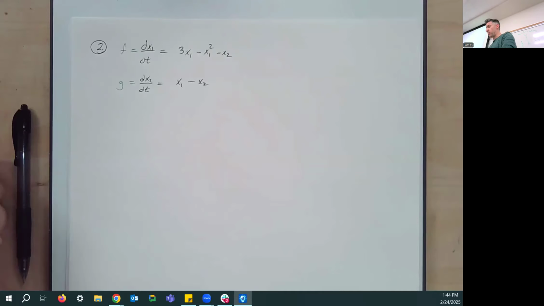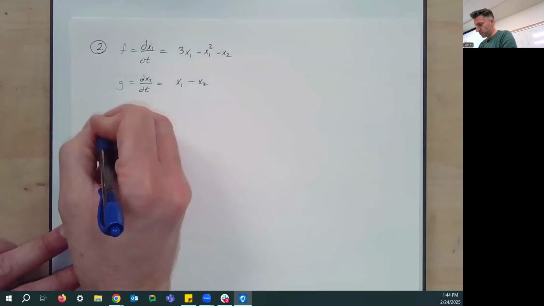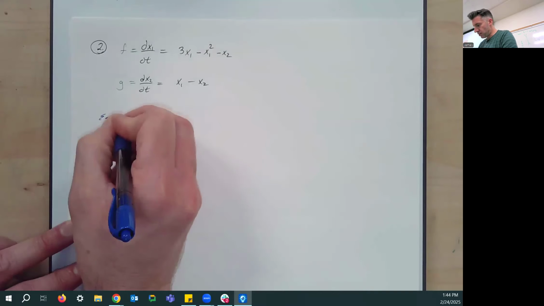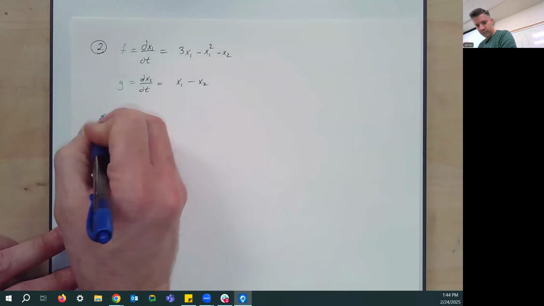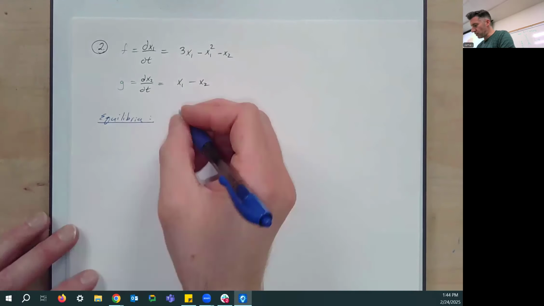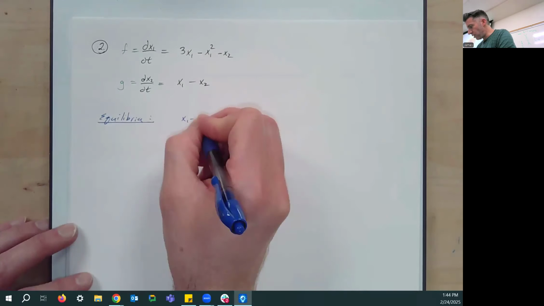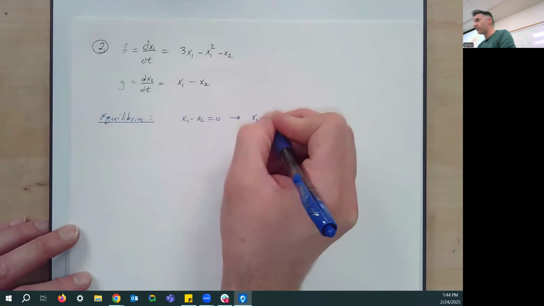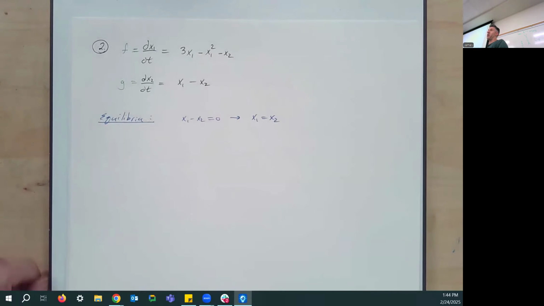Okay, let's find the equilibria. All right, let me ask you all, which equation looks less terrible? The first one or the second one? The second one. If we set the second one equal to 0, we know that x1 has to equal x2. Great, so all the equilibria are going to be like 3, 3, or 5, 5, or -7, -7, or whatever the values are, both coordinates are going to have to be the same. Let's plug that into the other one.